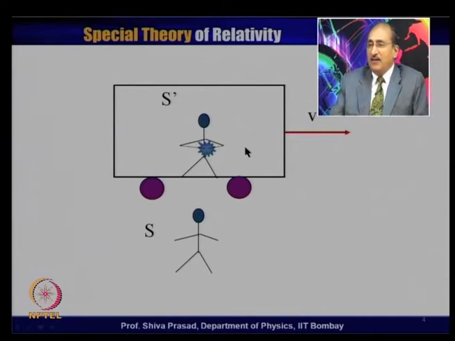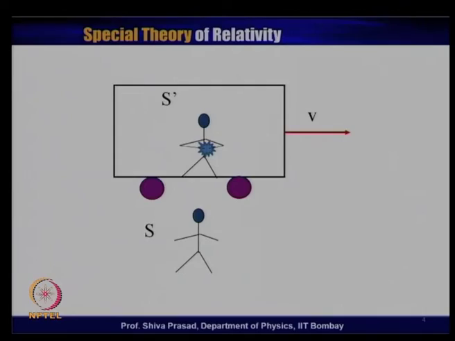Now, the question is that there is an observer sitting on the ground. In this ground frame, which I am calling the S frame, this train is moving with a velocity v. How would this particular person perceive this particular light's motion? In fact, we have worked out many similar problems in classical mechanics earlier.